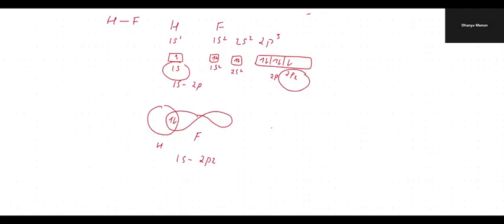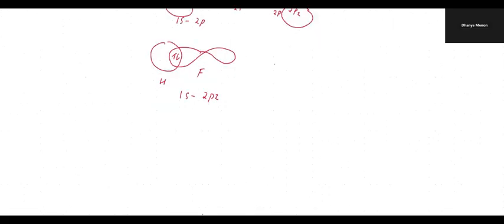Similarly, if we compare, this is hydrogen fluoride: in hydrogen fluoride, the overlapping is between 1s and 2p.